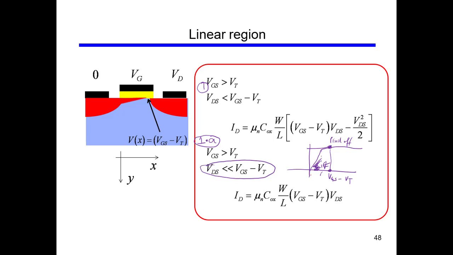If you apply the approximation that VDS is very small, then the square term will make it even smaller, and in comparison to the other term you can neglect it.